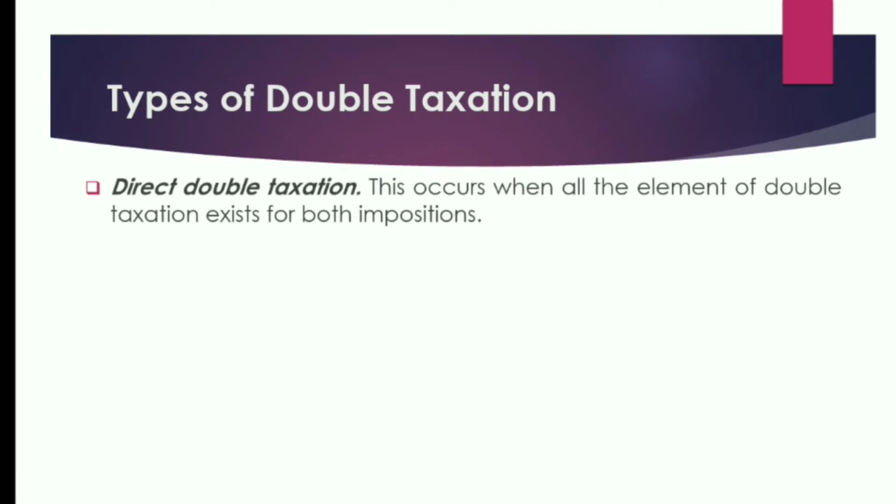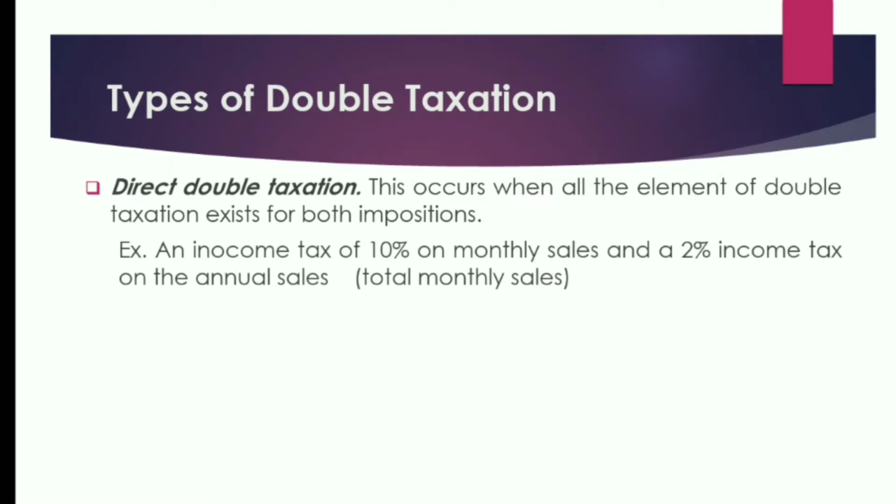Direct double taxation happens when all the elements, the primary and secondary elements, are present for both impositions. For example, an income tax of 10% on monthly sales and a 2% income tax on the annual sales. Annual sales refers to the total of the monthly sales.